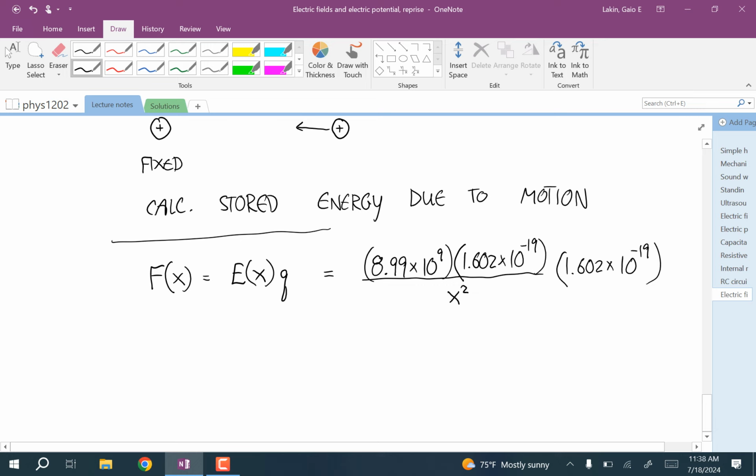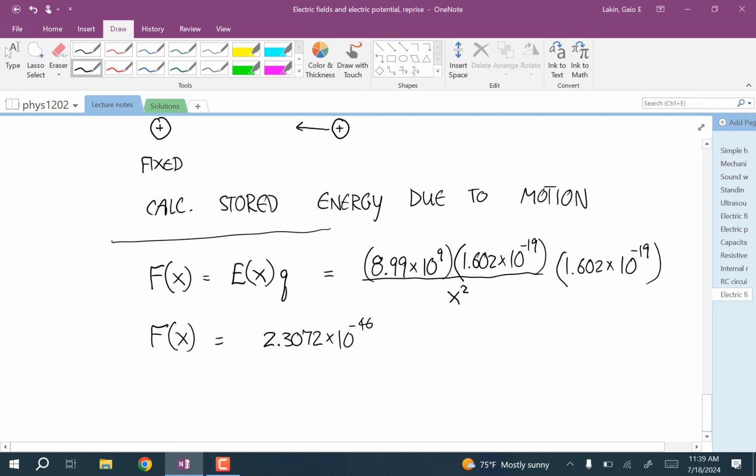And if you multiply this all together, you get that the force as a function of x is equal to 2.3072, I'm just multiplying out the numbers, times 10 to the minus 46.